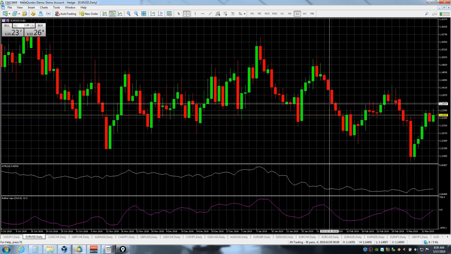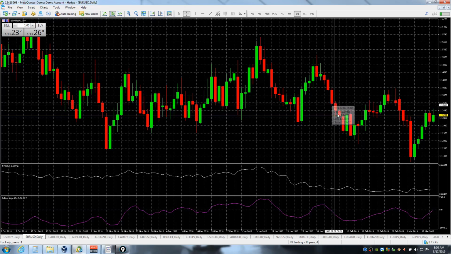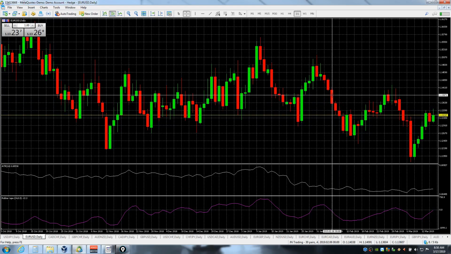Now, one last thing to mention is that when you're measuring the distance between 2 points, your daily candlestick that you're starting from, and then wherever your next one is, you have to start off at a certain point on that first daily candlestick.